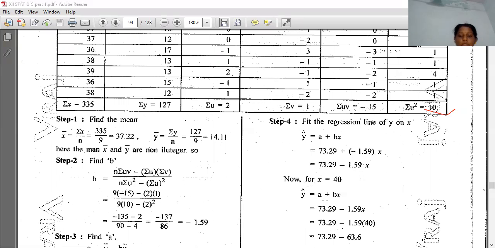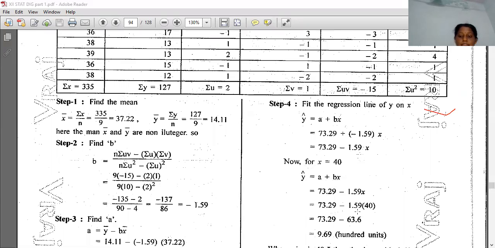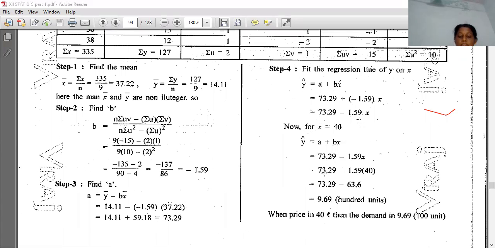Then y cap equal to A plus bx, that is 73.29 minus 1.59 into 40. This multiplication will be 63.6, so 73.29 minus 63.6 comes to 9.69.